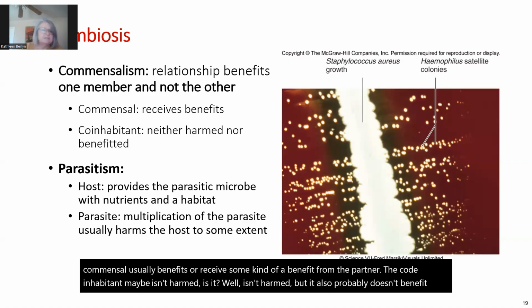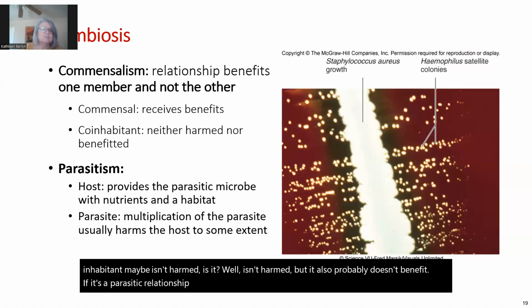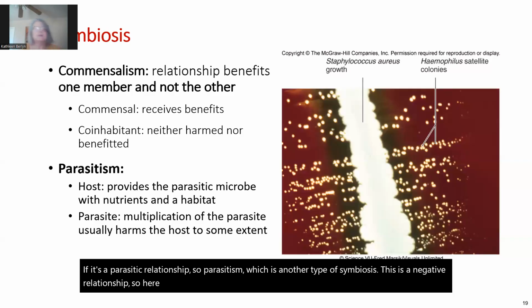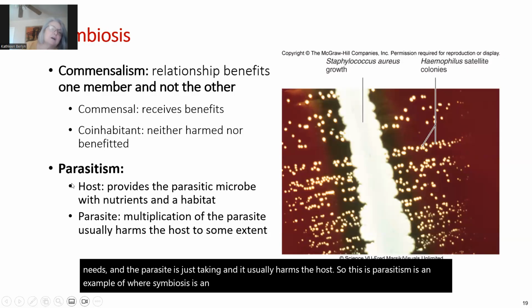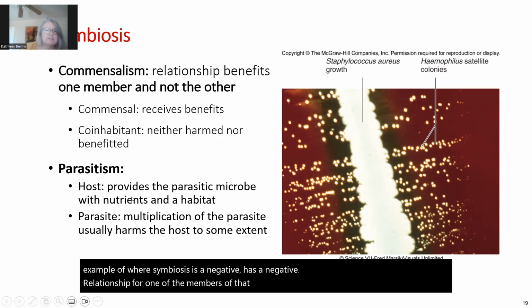If it's a parasitic relationship, so parasitism, which is another type of symbiosis, this is a negative relationship. Here, the host is providing all of the nutrients or all of the things that the parasite needs, and the parasite is just taking, and it usually harms the host. So parasitism is an example where symbiosis has a negative relationship for one of the members of that relationship.